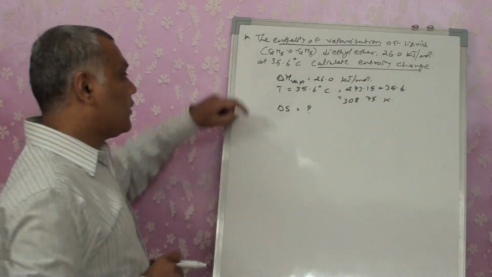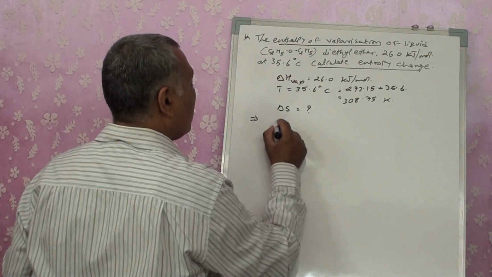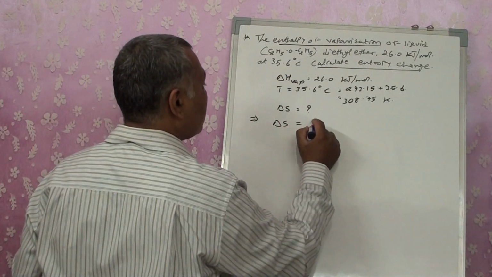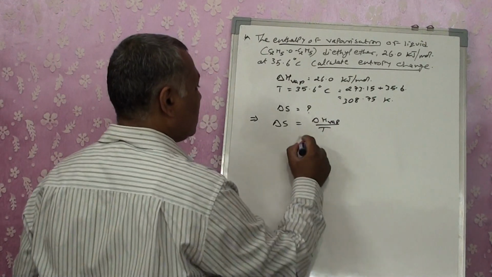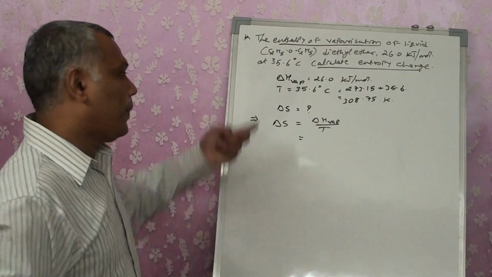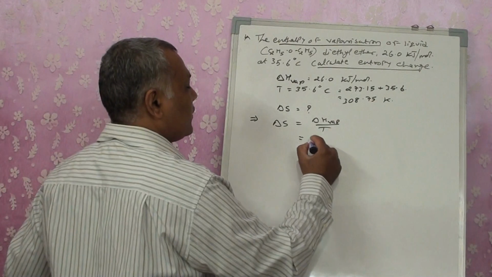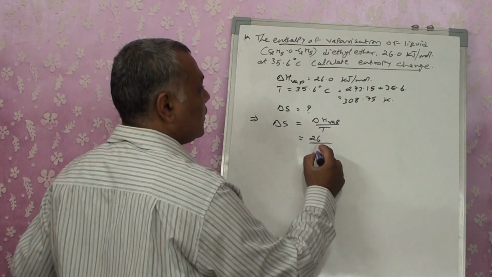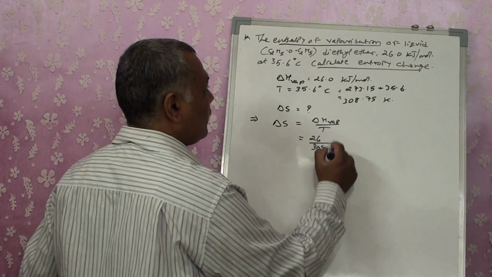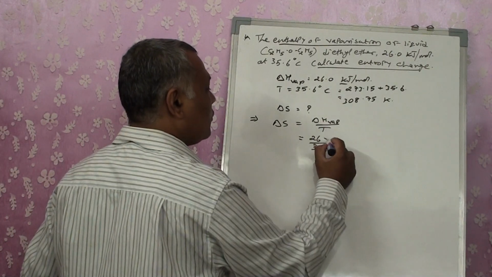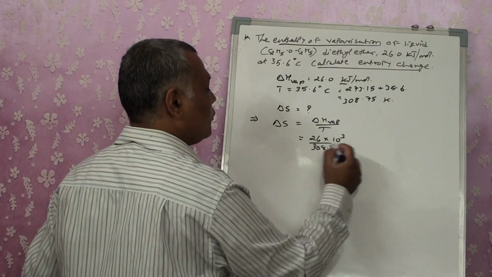We want to find delta S, the change in entropy. What is the formula we are using for it? Delta S equals delta H vaporization by T. Simple, right? We will have 26 upon 308.75. Now this is given to me in kilojoule, so I am converting into joule.